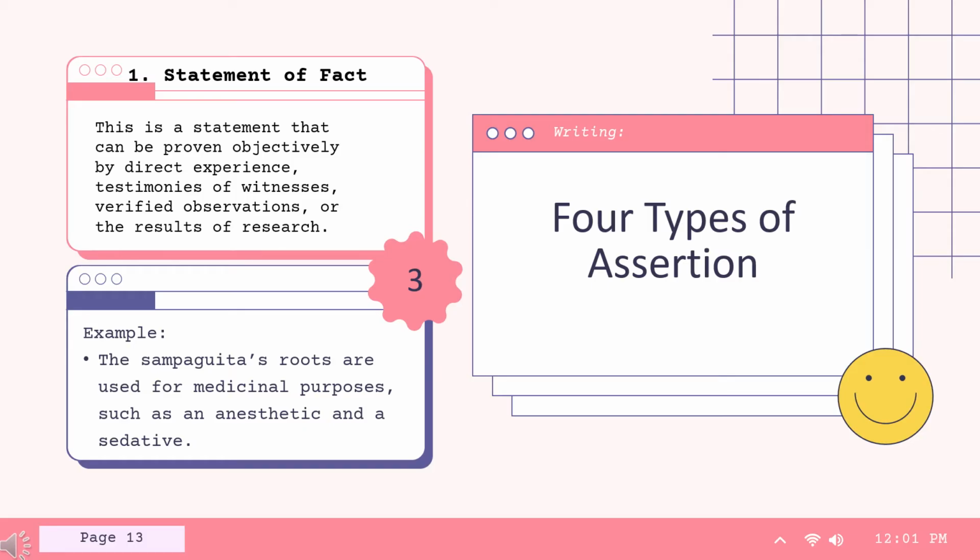So this one is an example of statement of fact since this is in accordance with the verified or validated observations that happened. Okay? And I know that some of you are familiar already with this concept since we mentioned it last time.